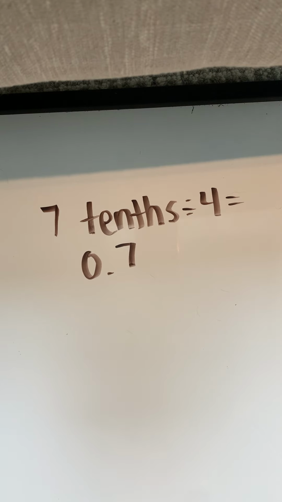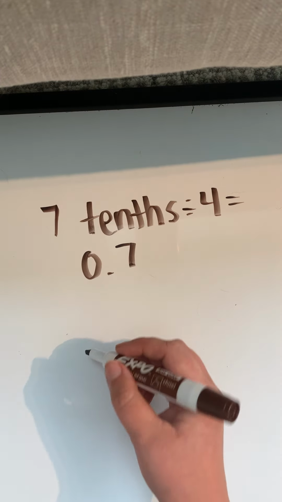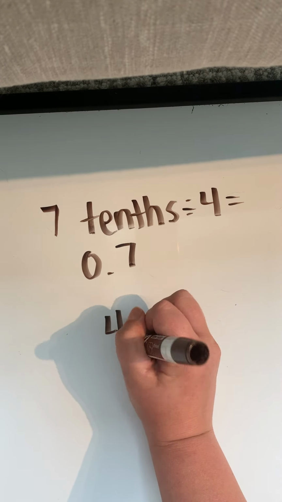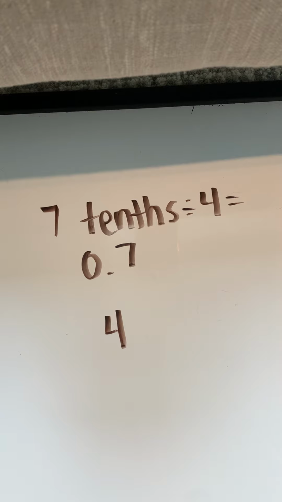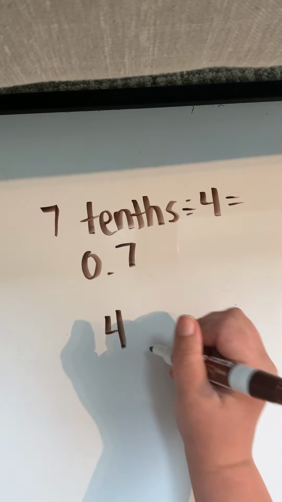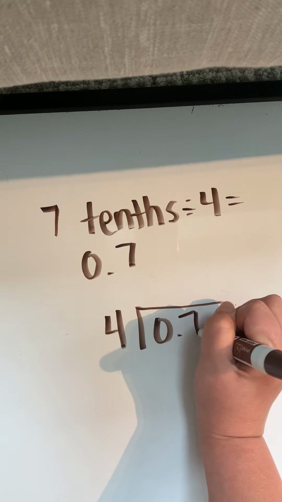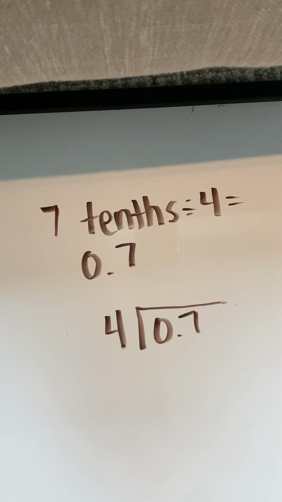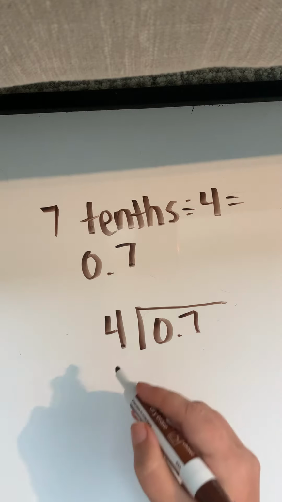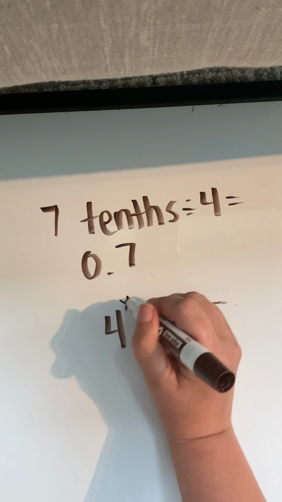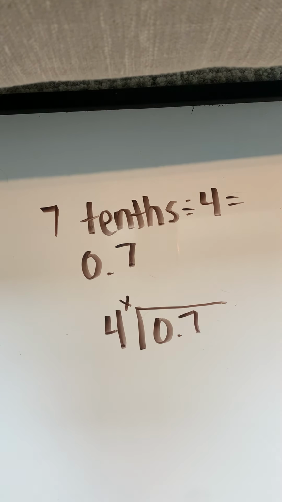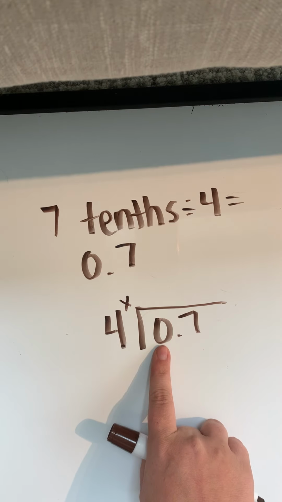Now, when I divide decimals and a whole number, I'm going to set it up like you have been last week, but just to show you again, we're going to put the 4 outside of our division house, and we are going to put 0.7 on the inside. Now, 4 times what will get you close to 0?